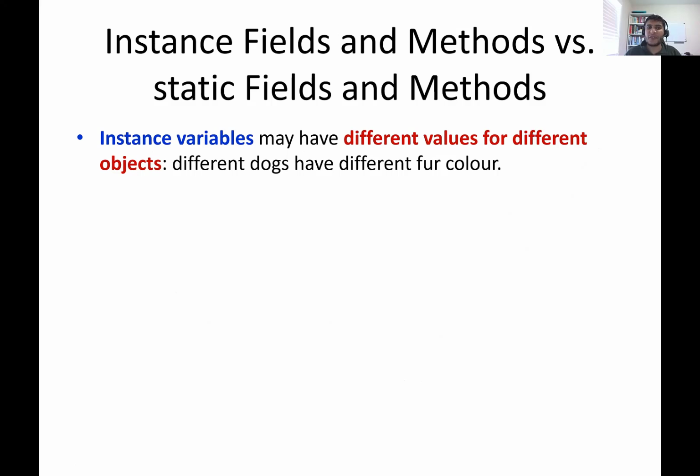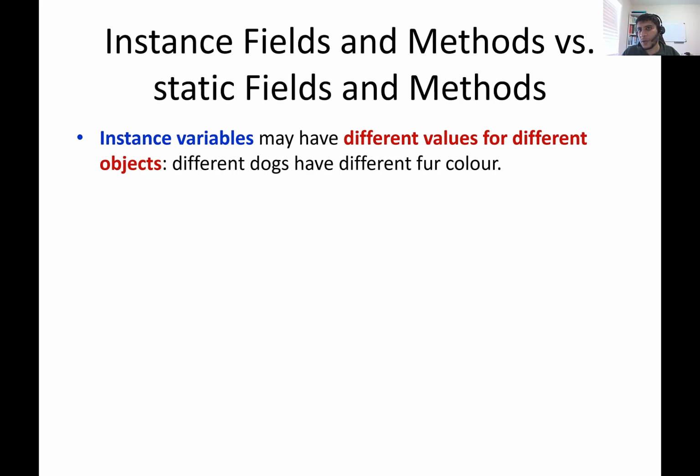We also discussed the difference between static fields and methods and instance fields. Simply, instance variables, or variables in general, if they are not static, have different values per object, right? Last time we discussed the Point class, and we are going to revisit it in this lecture. We have the x, y points, where every object has its own x and y.